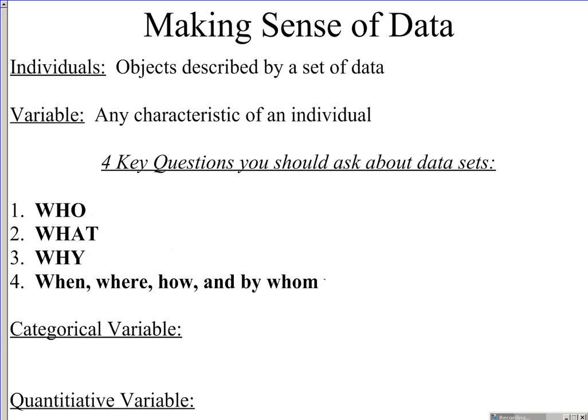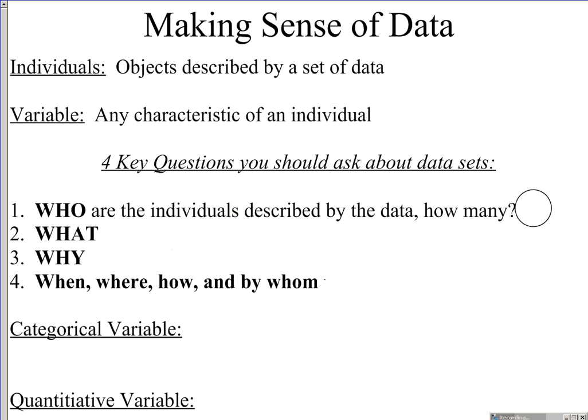Okay, you're not going to answer these each time, but a lot of times you need to know the background of certain results that are given to you, whether it be a survey or an experiment. You need to know who are the individuals being described by the data and how many are participating. You need to know what are the variables and the units of measure.